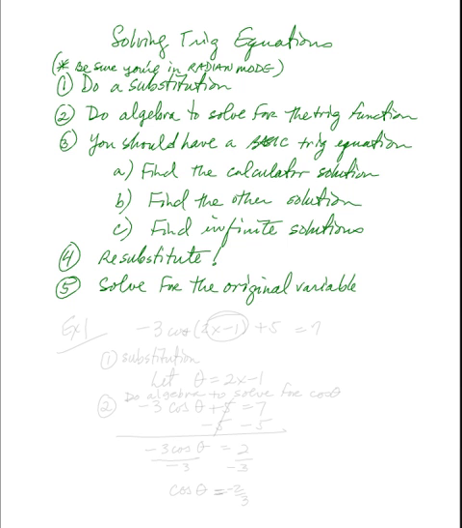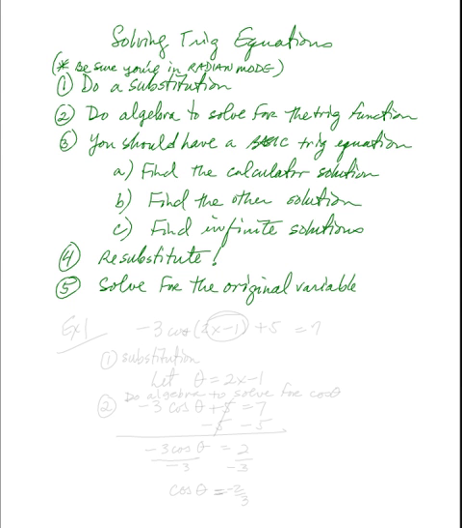So we will start with the process. First of all, always be in radian mode when you're solving trig equations. You'll see why in step 4 where you resubstitute. Here's what I do. First I do a substitution, which is only necessary if you have anything other than a simple angle. Then you do the algebra, if there is any, to solve for the trig function, that is, to isolate the trig function.